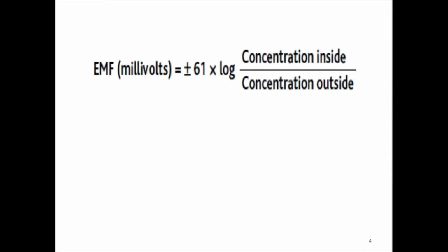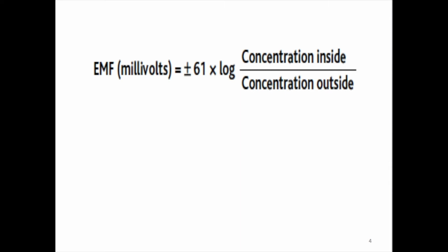Here you can see the formula for calculating the Nernst potential of an individual ion. It is assumed that the potential in the extracellular fluid outside the membrane is at zero potential, and the Nernst potential is the potential inside the membrane.